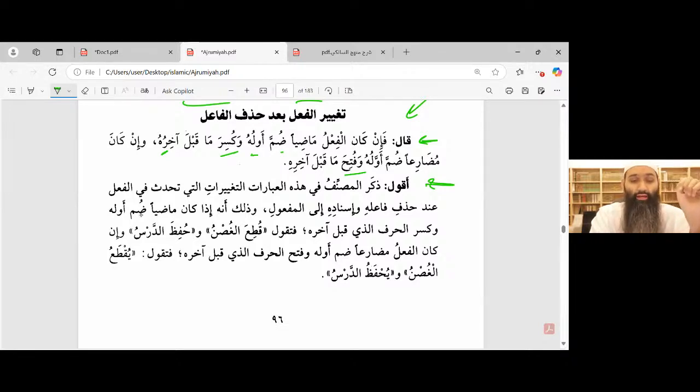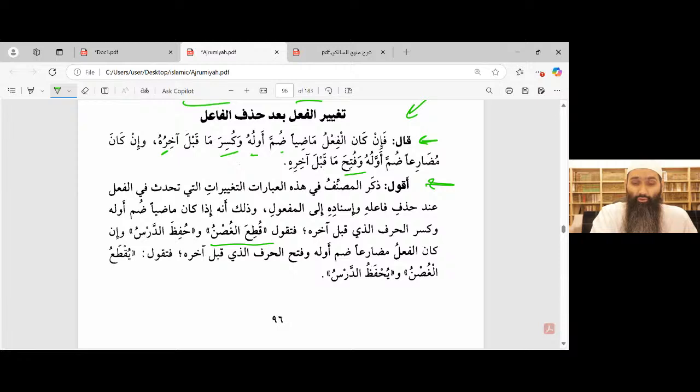وذلك أنه إذا كان ماضيا ضم أوله وكسر الحرف الذي قبل آخره, same thing. If it's madi, the first harf is madmum with a dhamma, and the harf which is before the last harf is maksur. فتقول, for example, قطع الغصن and حفظ الدرس. You see how it's changed? وإن كان الفعل مضارعا ضم أوله وفتح الحرف الذي قبل آخره.